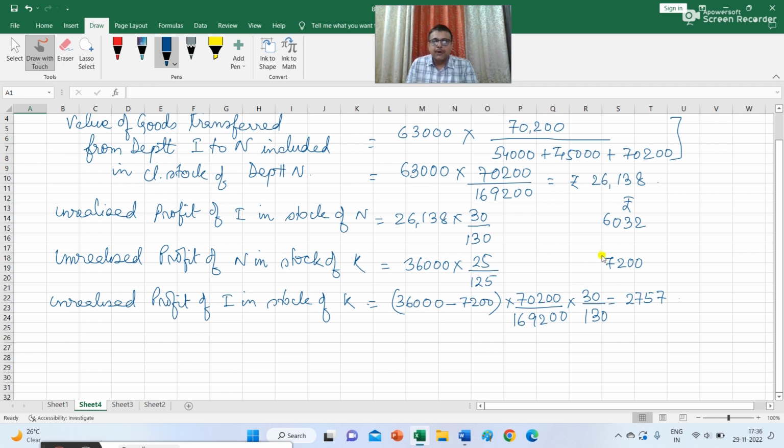This is the unrealized profit made by Department N in the stock of Department K. Then we have multiplied 70,200, the value of goods transferred by Department I to Department N, and 1,69,200 is the amount of expense made by Department N. So 54,000 is the amount of outside purchase, there was a value addition of manufacturing expense of 45,000, and 70,200 is the amount transferred by Department I. And there was a markup of 30% by Department I when the goods are transferred to Department N. So the total unrealized profit in the closing stock of the three departments is 15,989.